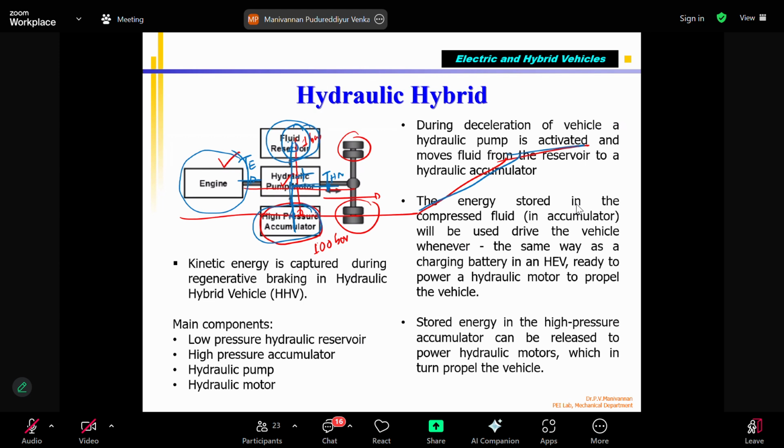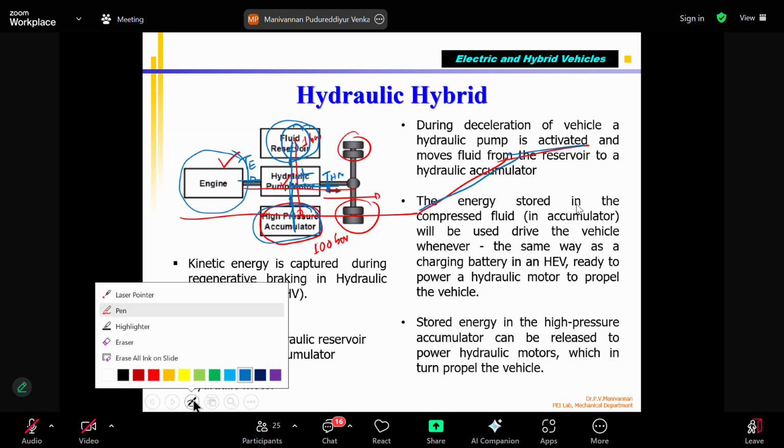So from the reservoir at 1 bar pressure, I pressurize using engine power and store it at high pressure. That is the normal condition. Whenever I want power, the same hydraulic pump will be made to work as a motor. So the high pressure fluid will drive the hydraulic motor, which will provide additional torque to the wheels along with the engine. So this is how the hydraulic hybrid vehicle works.